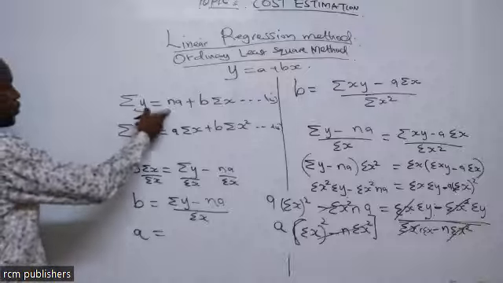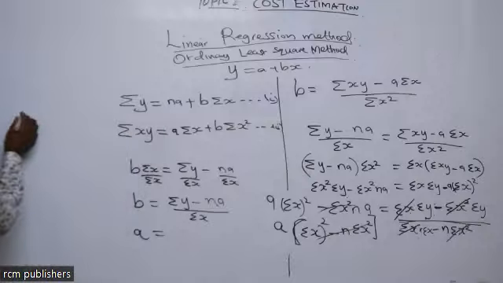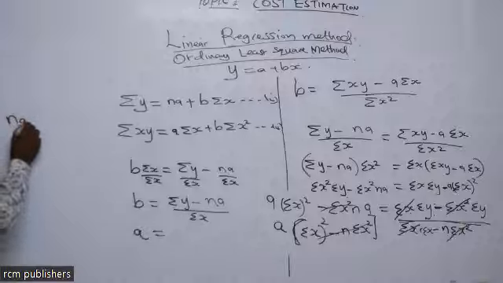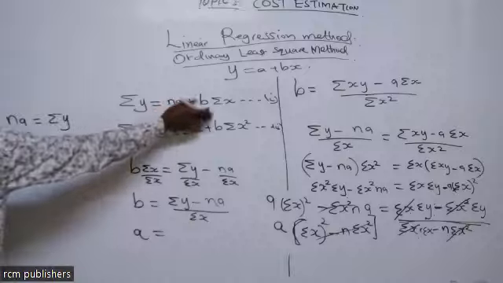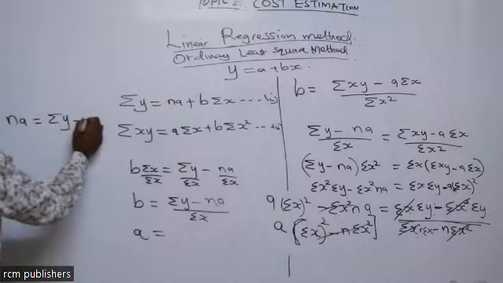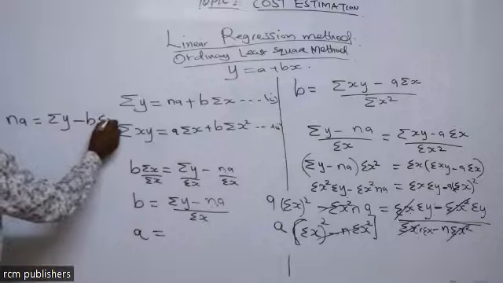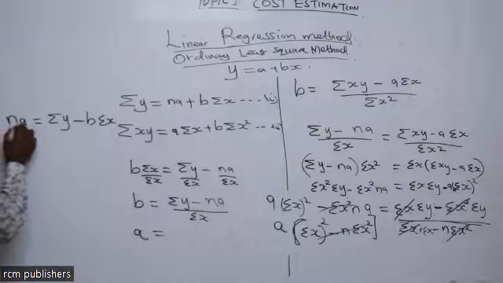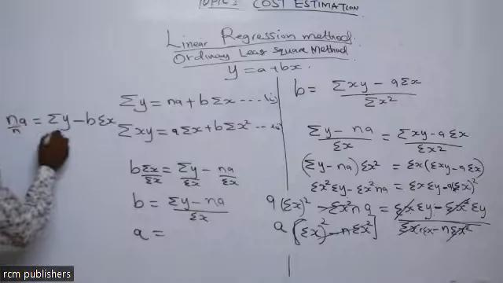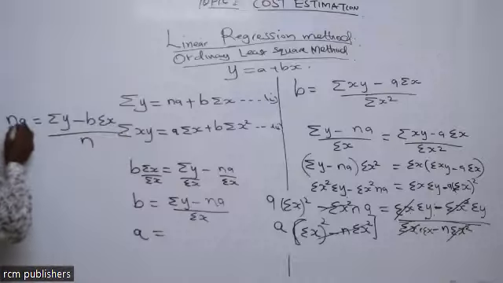So we simply come to this part here. Our A or nA is equal to summation of y. This one crosses the sign to be minus B summation of x. For us to get A alone, we divide both sides by n.